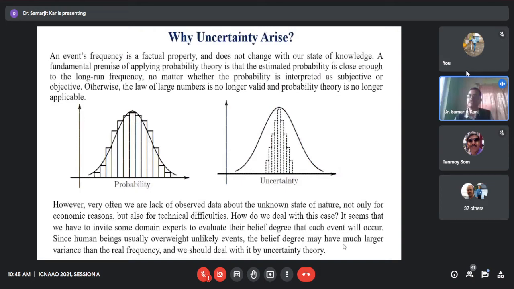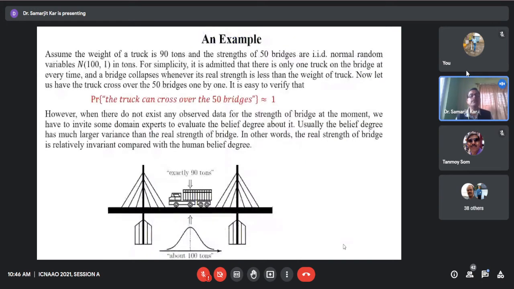But sometimes, due to the lack of data, we should invite some domain experts to evaluate their belief degree for each event. So in the first case, if the data set is completely known, that means historical data, then probability is the best choice. But in the second case, where the data set is not known clearly, maybe due to some economic reasons and other things, we should invite domain experts, and in that case we can deal with uncertainty theory.